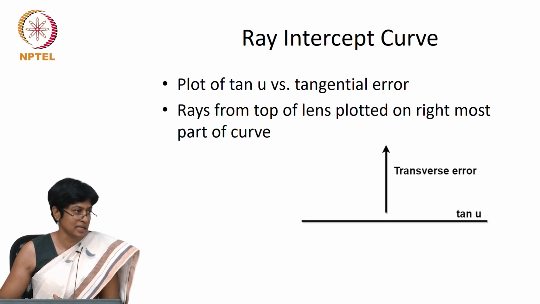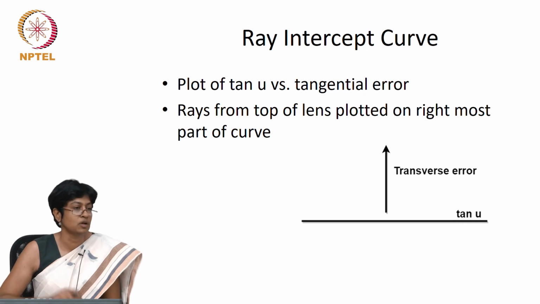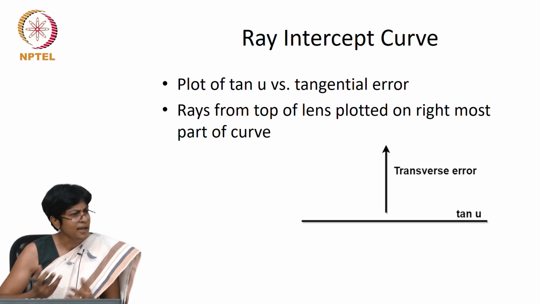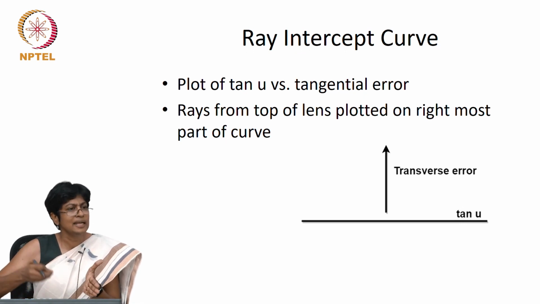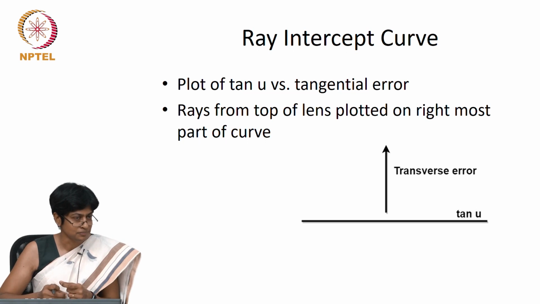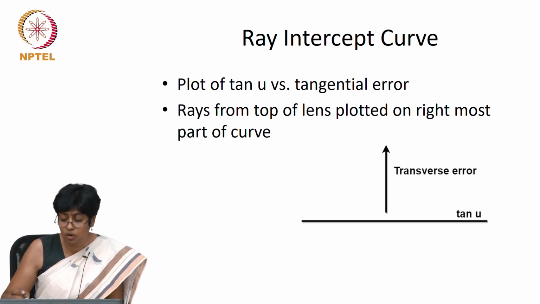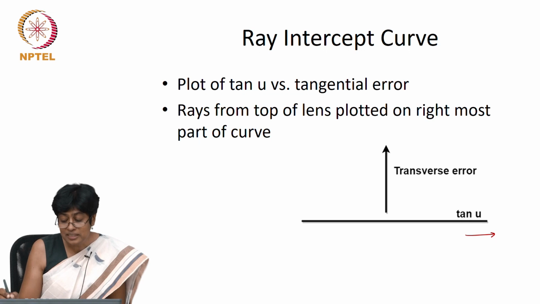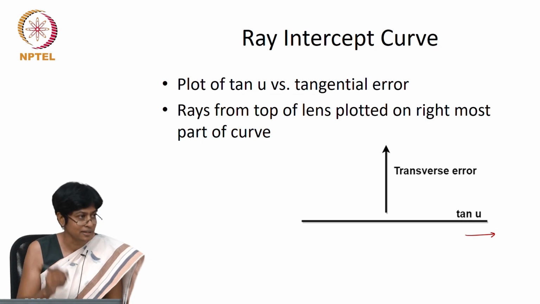One way of plotting aberrations is to plot something called the ray intercept curve, and it is basically where the ray intercepts the paraxial image plane. But rather than plot it in terms of x and y, we plot it in terms of this axis is the tangent of the angle that ray makes.